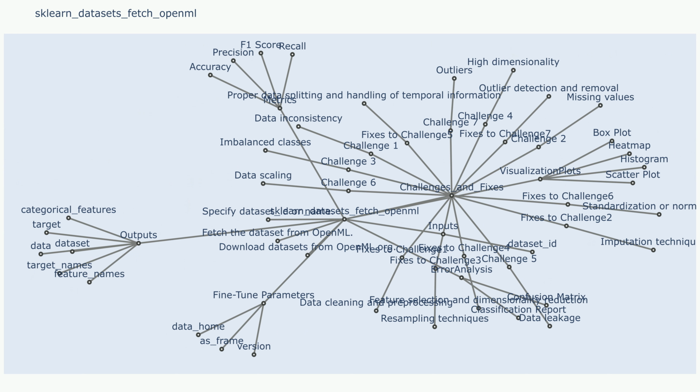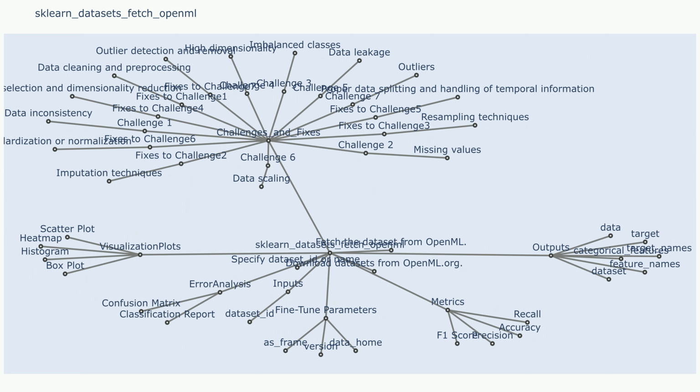Outputs. Dataset: a dictionary containing various attributes of the fetched dataset. This dictionary includes data, the dataset features or independent variables, typically as a NumPy array or a pandas data frame. Target: the dataset labels or dependent variables, typically as a NumPy array or a pandas series. DESCR: a description of the dataset, often including details about its source, task, features, and target variable.